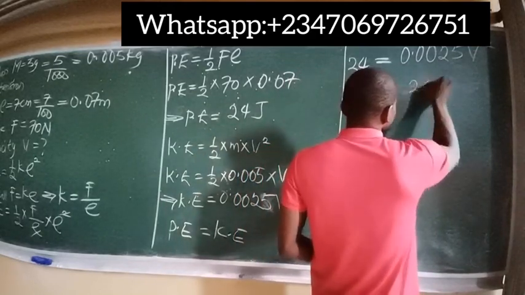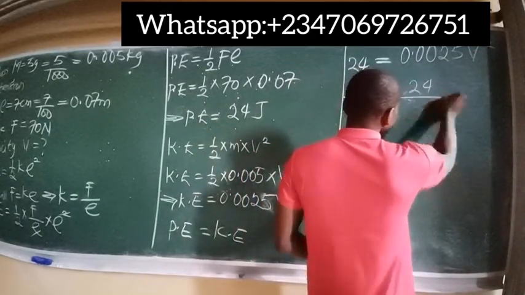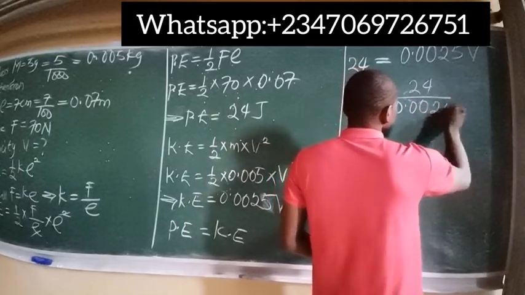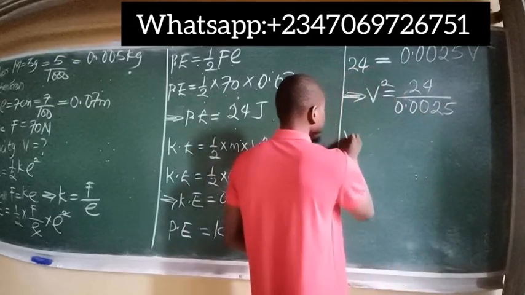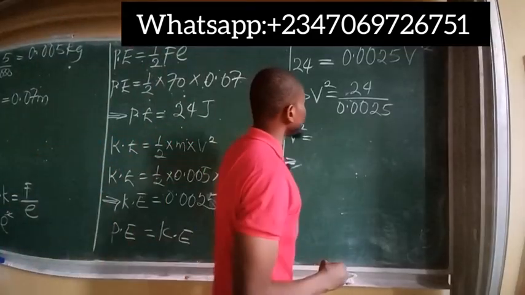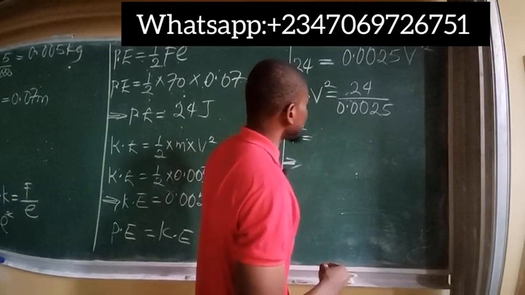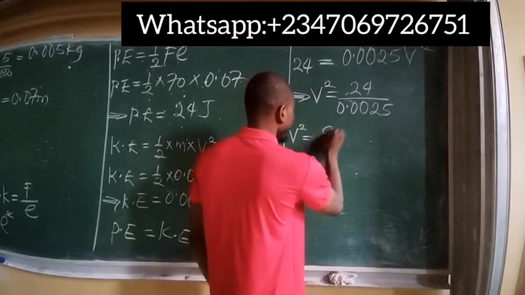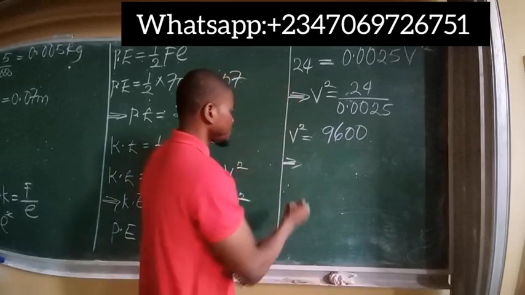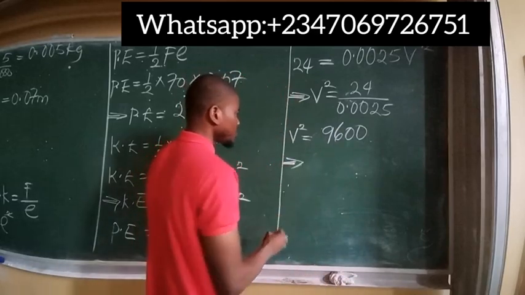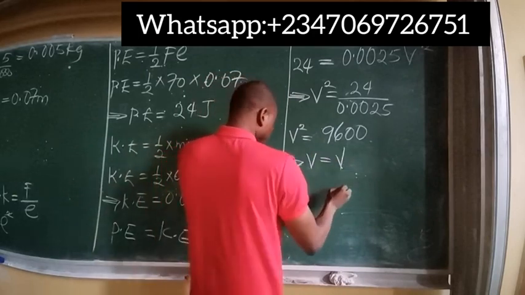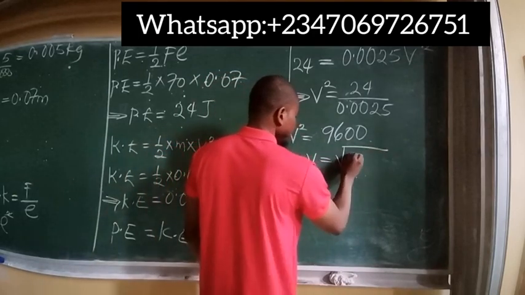We simply have 24 all over 0.0025. So v squared is equal to 24 divided by 0.0025, which gives us 9600. To find v, simply take the square root of 9600.